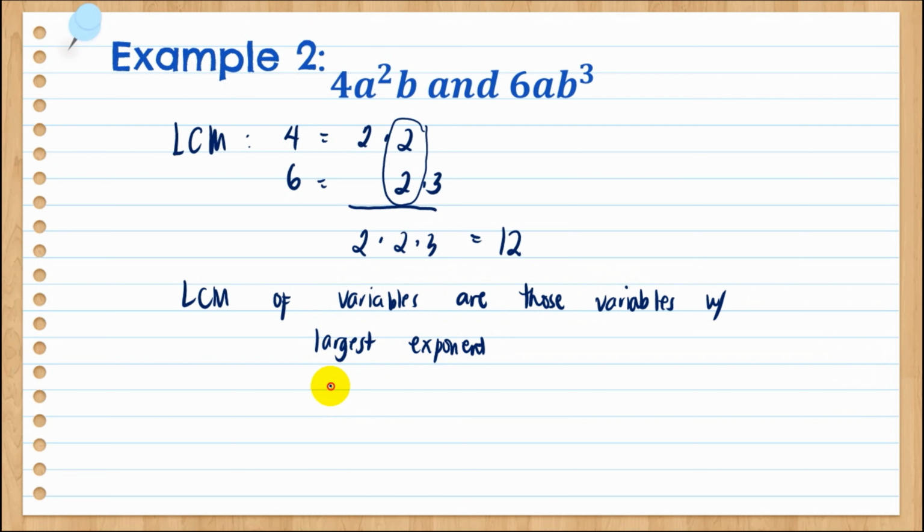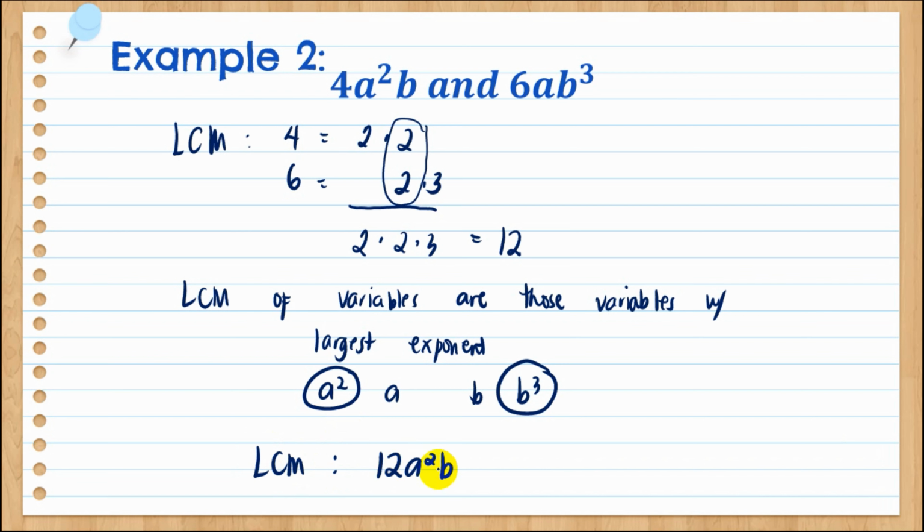So, when it comes to a squared and a, ang LCM natin ay a squared. And when it comes to b and b cubed, ang ating LCM ay b cubed. So, kung isusulat natin ang kabuuan na ating LCM, we have here 12 a squared b cubed.